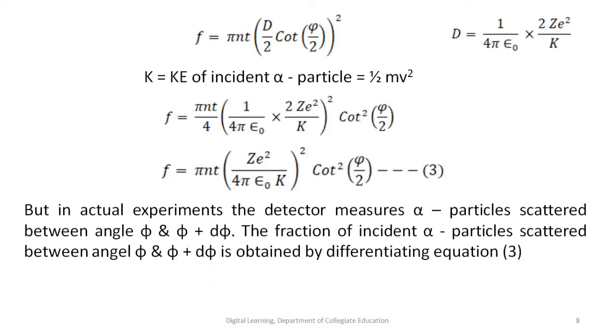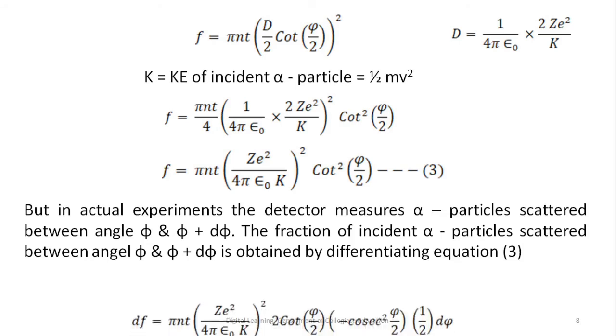But in actual experiments, the detector measures alpha particles scattered between phi and phi plus d phi. Practically, the detector does not measure all scattered particles; it only detects how many are scattered at a certain angle. So, how many fractions of alpha particles are scattered in between a particular angle is obtained by differentiating equation 3.